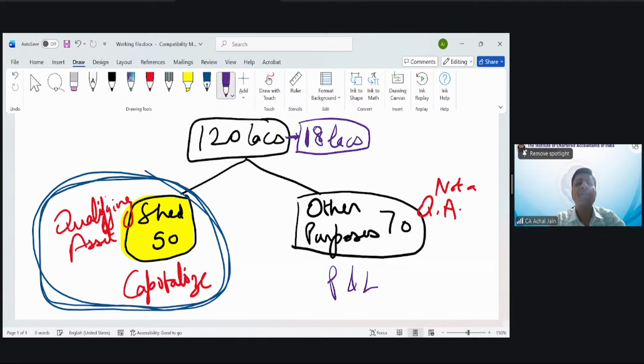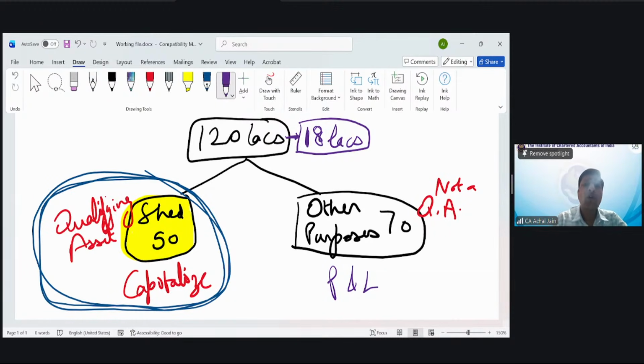So what should you do? The best way is to allocate it on a proportionate basis. Because if there is one loan with one rate of interest, then depending on the amount, you will allocate it amongst those amounts of 50 lakhs and 70 lakhs.